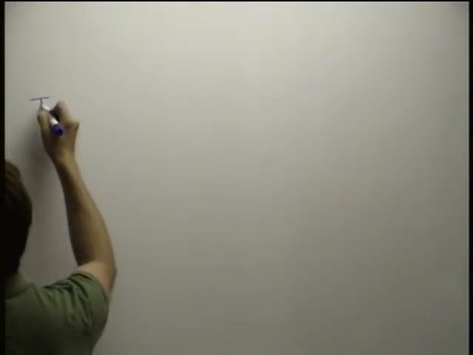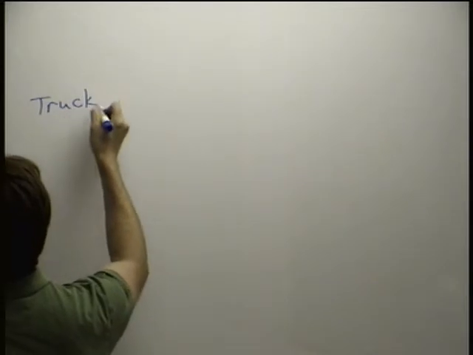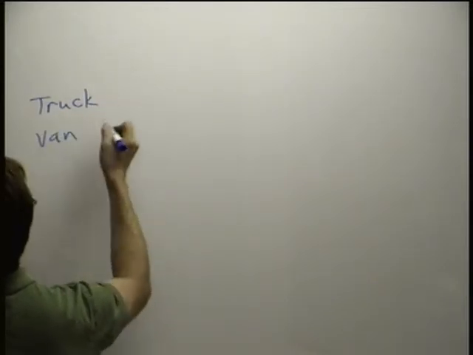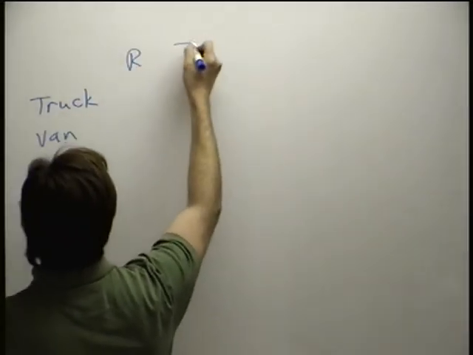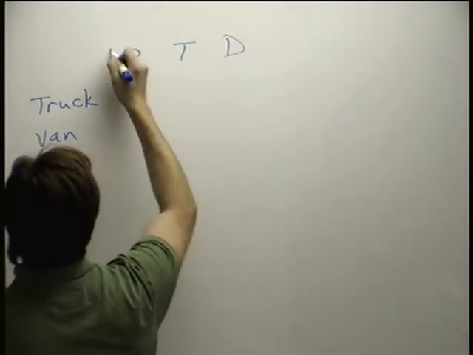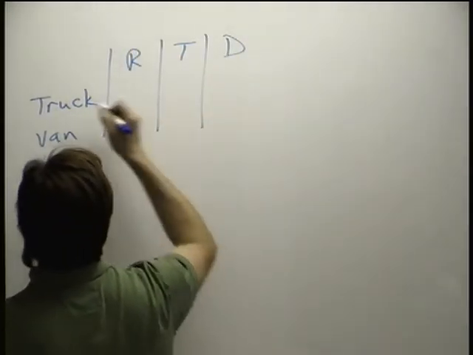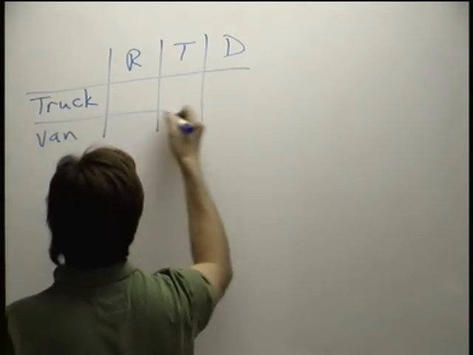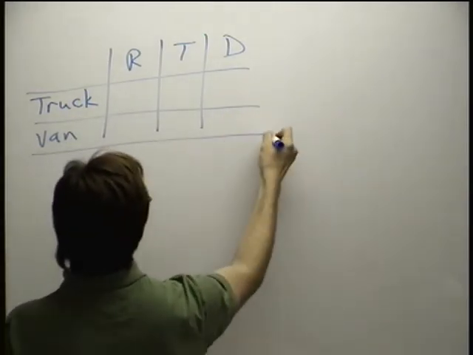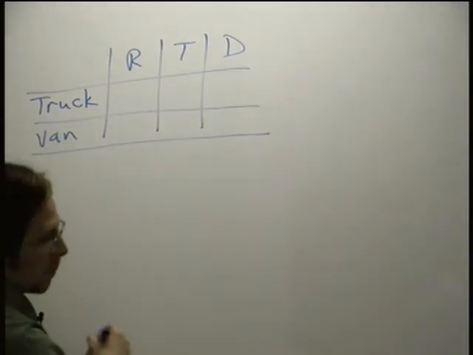We can approach this example in a similar way to the previous example. We can set up a chart showing the rate, time, and distance of the truck and of the van.